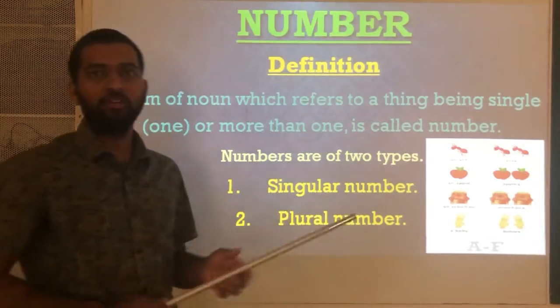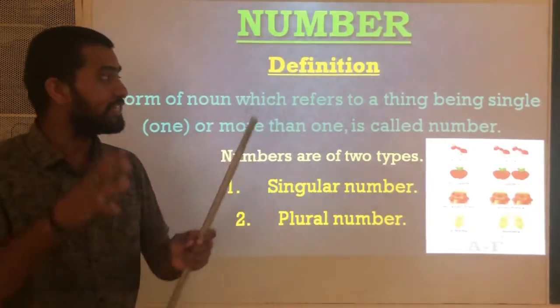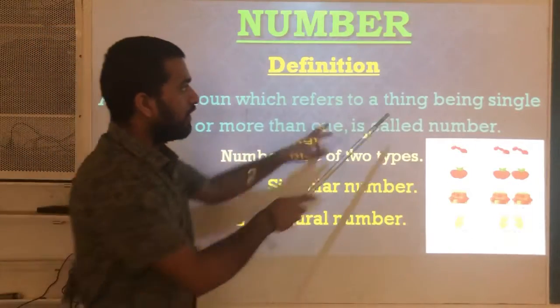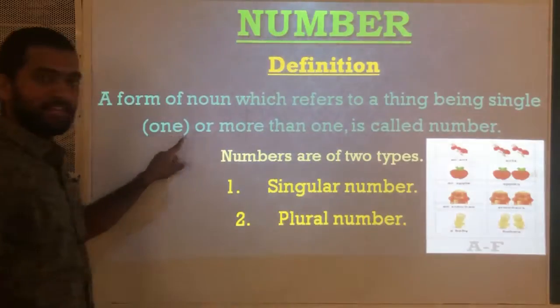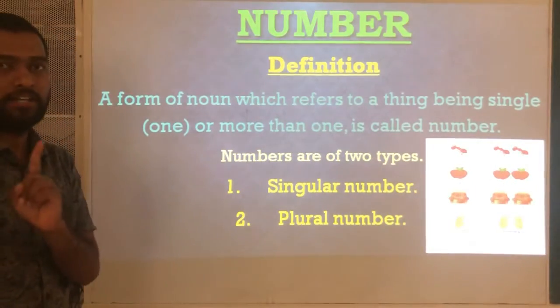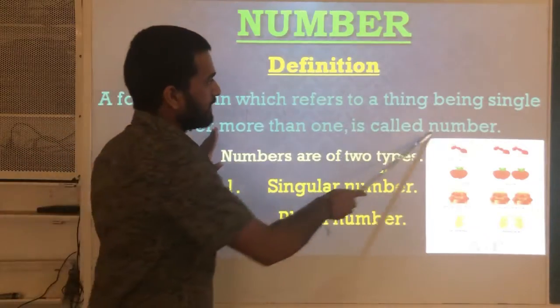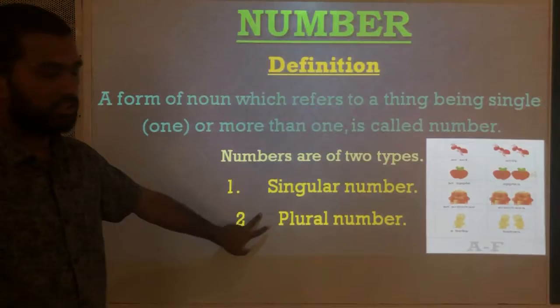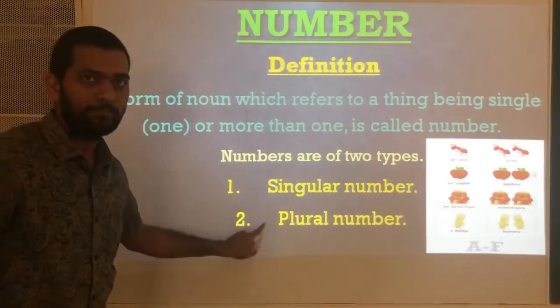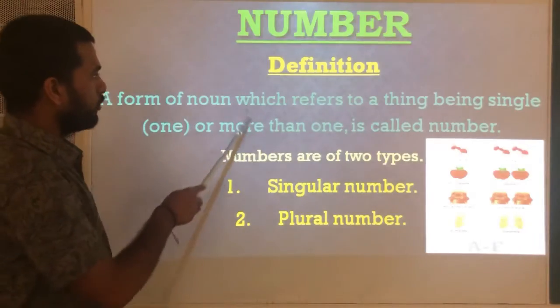Which refers, means which is related to, which is pointing something to show, which refers to being single, means if it is one or more than one, then it is called number. There are two types of numbers. First one is singular number, second one is plural number. Okay? Write down this definition.